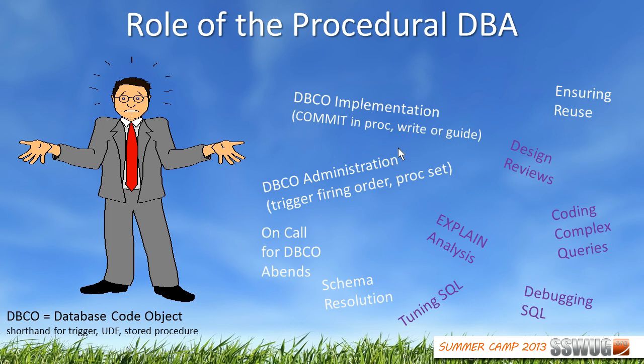These are things that if you don't have a person dedicated or a team dedicated to making sure these things are done appropriately, they'll fall through the cracks. So when you start implementing stored procedures and triggers, you really need to start looking at procedural DBAs to manage those constructs.